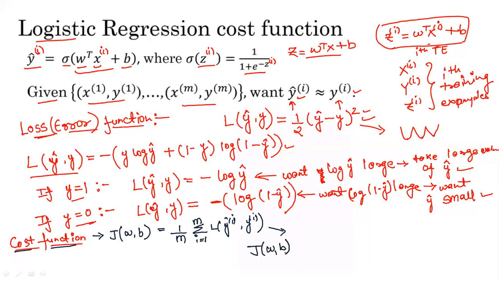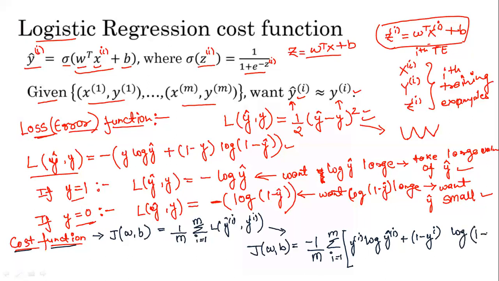And this equation would ultimately become J of w comma b equals minus 1 upon m, because the minus sign would be taken common, summation of i equal to 1 to m, and we'll put a square bracket, y of i log y hat of i plus 1 minus y of i, log 1 minus y hat of i.